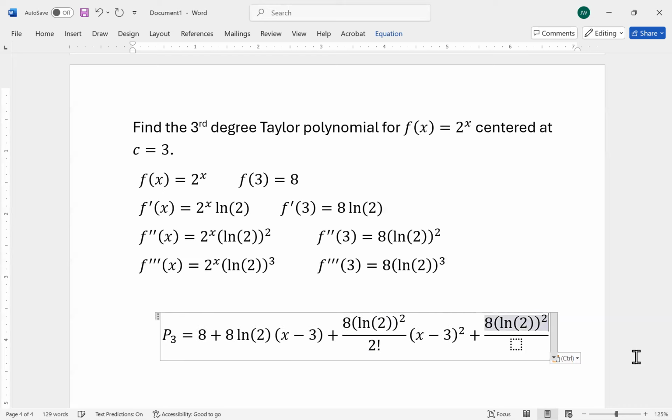8 plus 8 natural log of 2. I could divide by 1 factorial here, but I don't write that. Times x minus 3 because we centered at 3. And again, 8 over 2 factorial, that's just 4. So you can call this whole thing 4 times natural log of 2 squared.